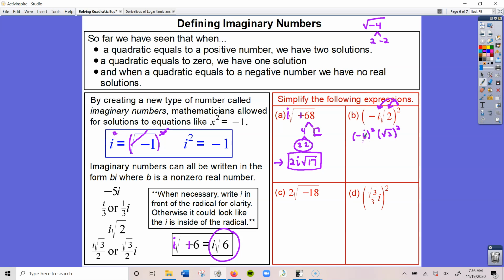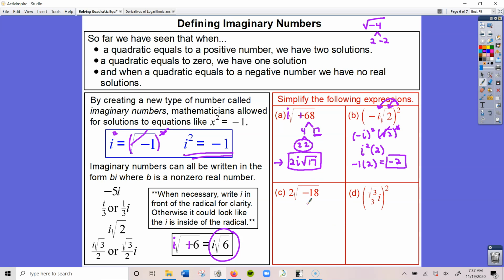So -i times -i is i squared, and the square root of 2 times the square root of 2, the square root just cancels out, so we get 2. Now remember that i squared is equal to -1. So I can substitute i squared with -1, and it's being multiplied with 2, which gives me the final answer of -2.